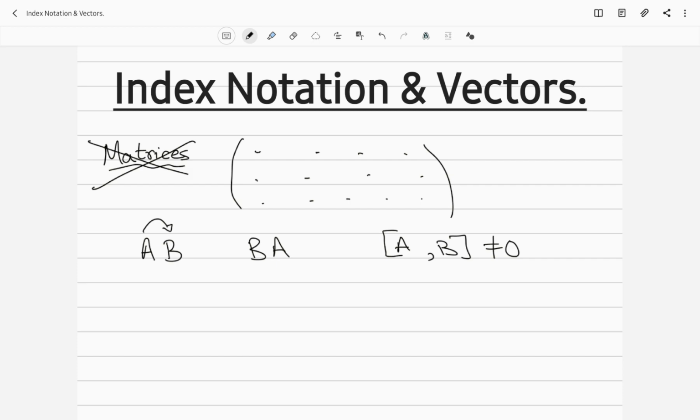The index notation will not only reproduce all of our matrix goodness, but in fact give you much more than you could have asked for. So, with all of this, let's look at a very simple example to get a basic idea.